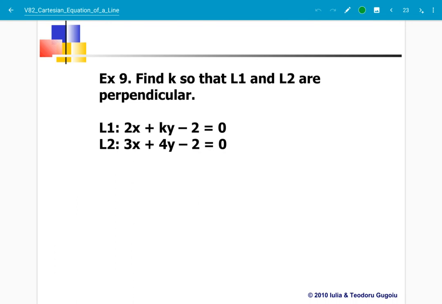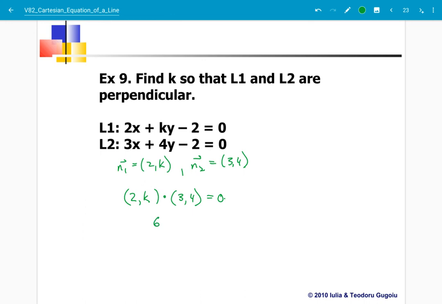Find k so that line 1 and line 2 are perpendicular. So we have normal 1, 2 and k. Normal 2 is 3 and 4. We need to find the value of k so that they're perpendicular. It means the dot product is 0.